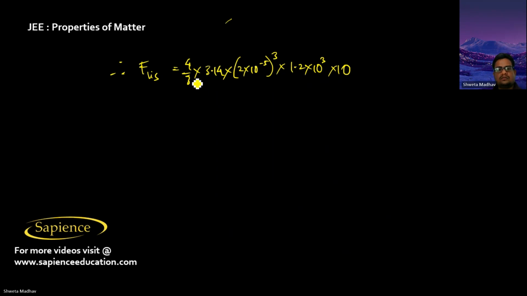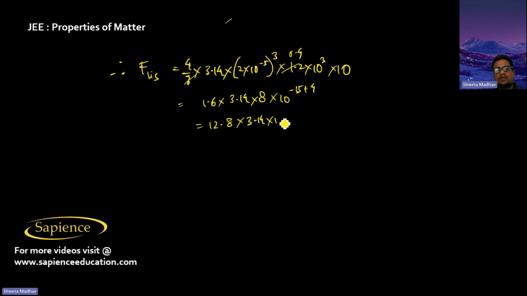Now, 4 into 3 into 4 fours, 0.4, so 4 fours are 16, 1.6 into 3.14 into 8 into 10 power minus 15 plus 4, which is 0.48, 12.8 into 3.14 into 10 power minus 11, this much Newton.